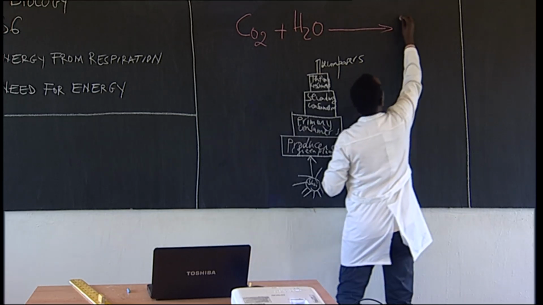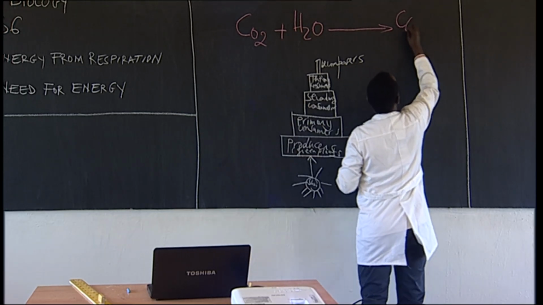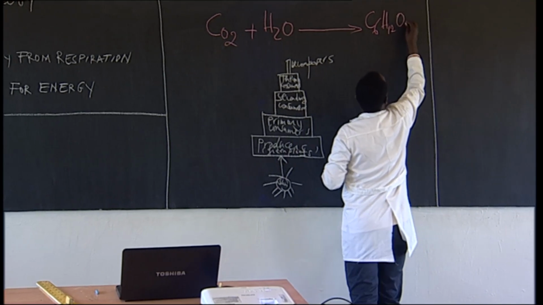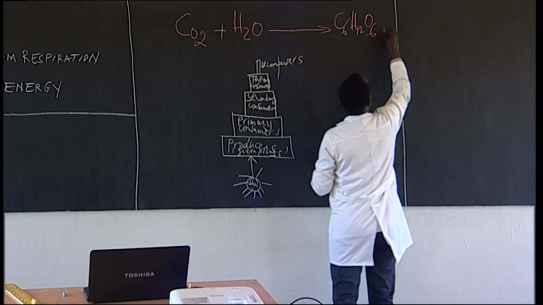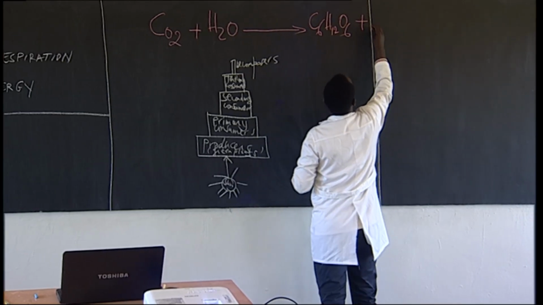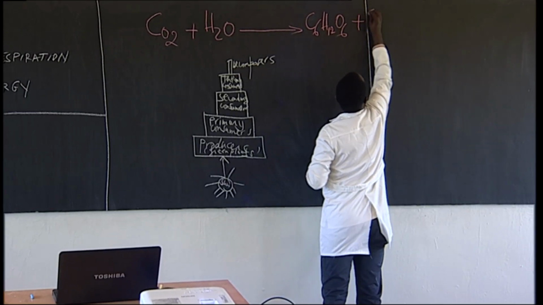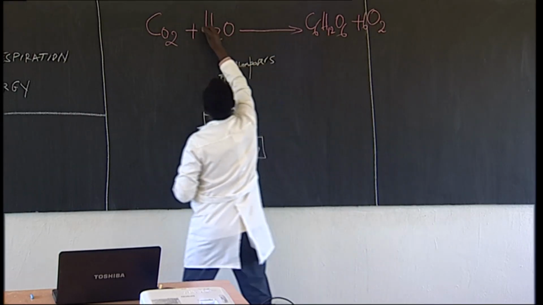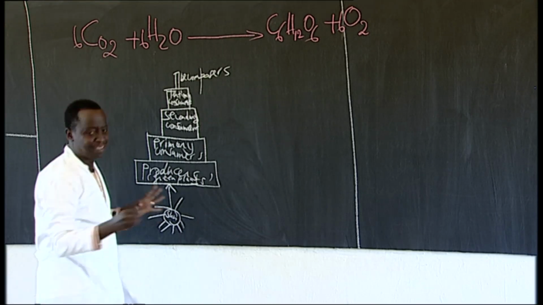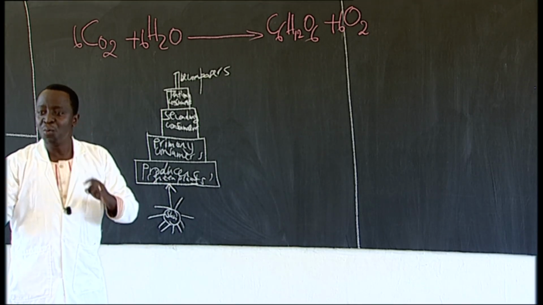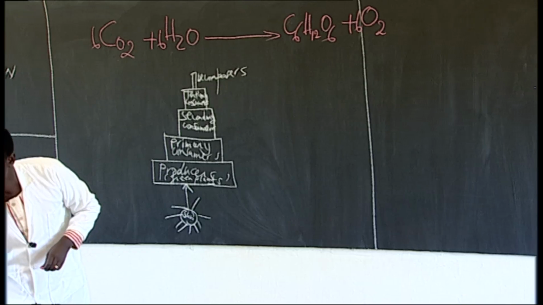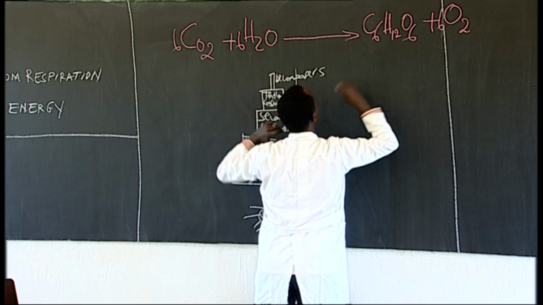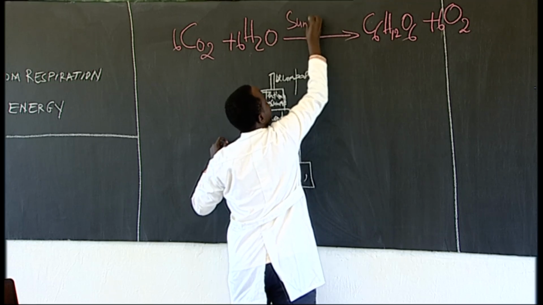Which food? This is glucose plus oxygen. Are you getting this? But when there is no sunlight, this cannot happen. So sunlight has to be there.